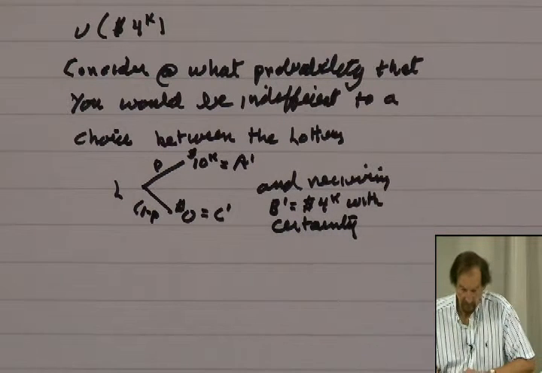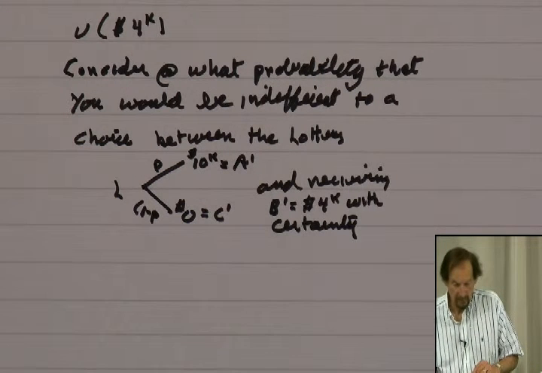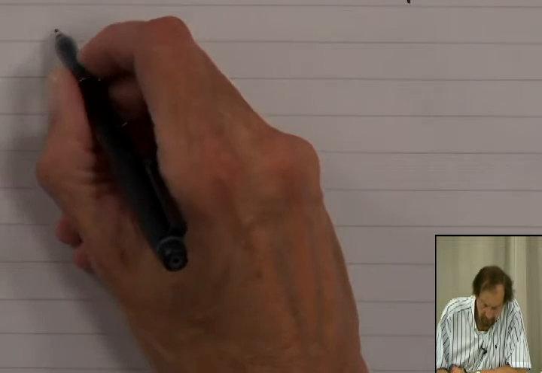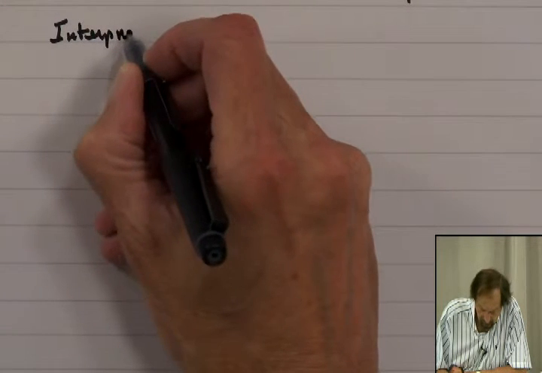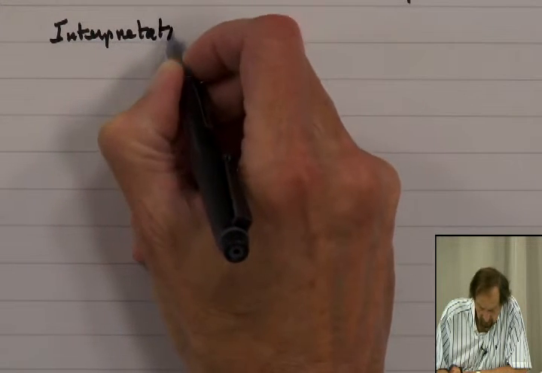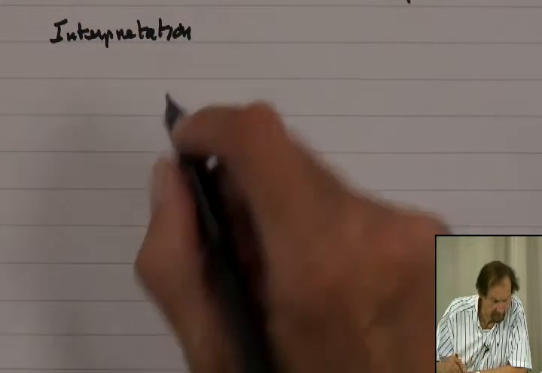Okay. Now, let's look at the interpretation of this. This interpretation will make this specification of P easier. The interpretation says the following.